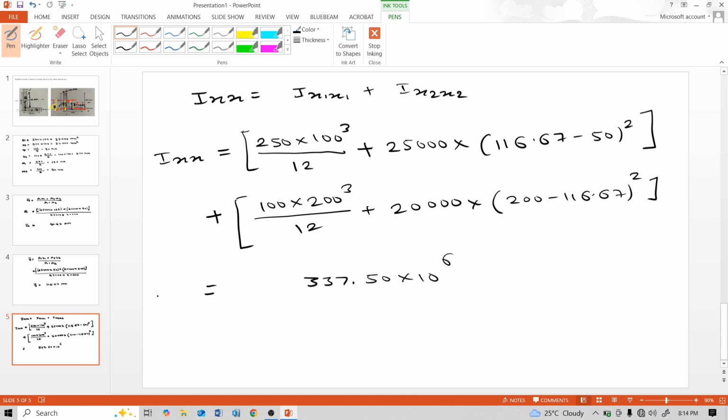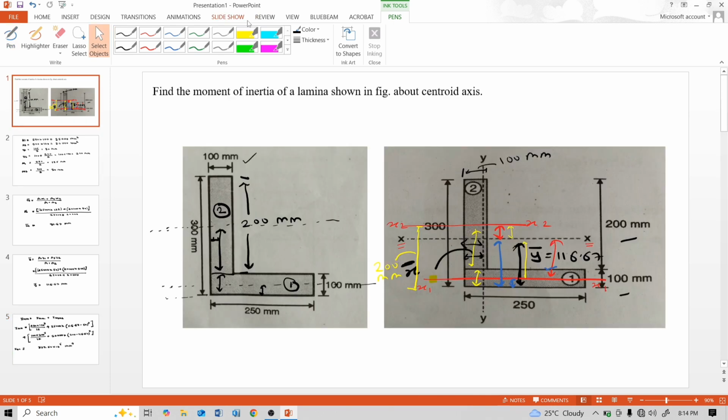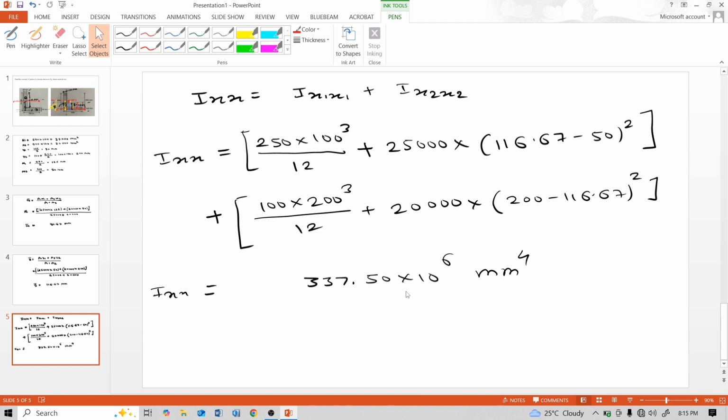And the unit of moment of inertia is mm raised to 4. So this is the Ix axis, and the moment of inertia about this Ix axis is 337.50 into 10 raised to 6.